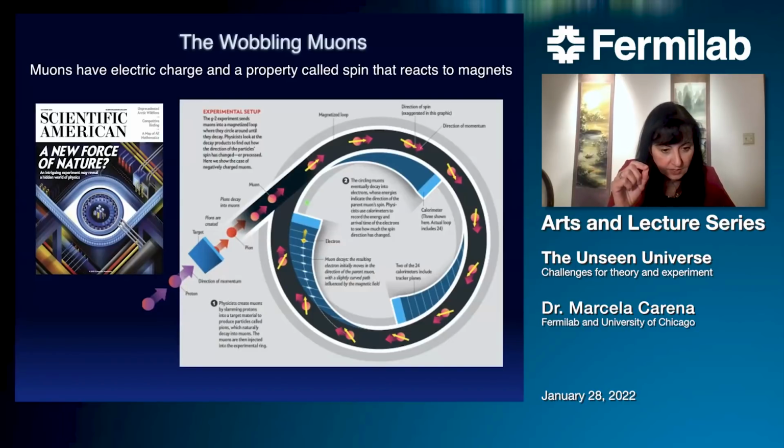If that were all, you would always see these yellow arrows together with the pink arrows. But there is also a small wobbling of the muon that you see here. This wobbling is proportional to the factor that we call G minus 2, hence the name of the experiment.